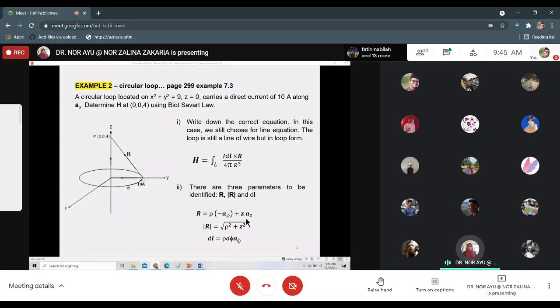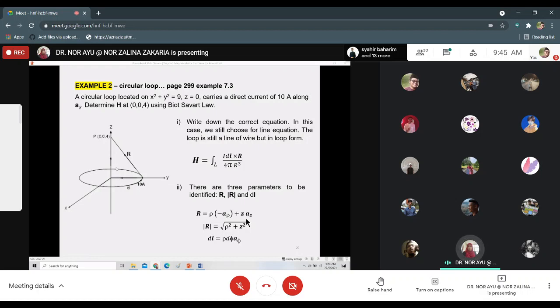So it will start from here towards the origin, and then from the origin towards the point of observation. Usually it will go to the origin. From the point here on your line current towards the origin, then from the origin towards the point of observation. So draw the arrow or the directions. Alright, then you can see.